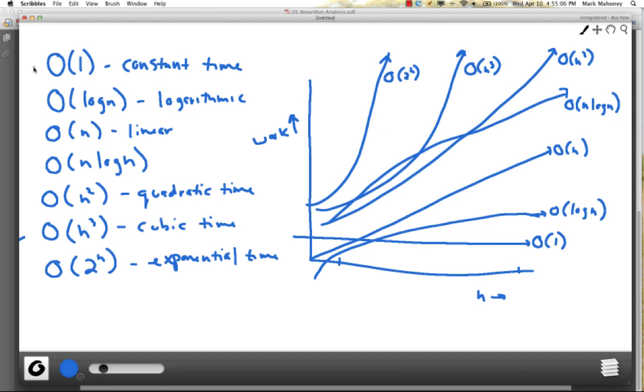So if you can come up with an algorithm that performs in constant time, that's much better than the competing algorithm that does the same thing, but it does it in cubic time. Right? So remember, constant time, n doesn't even play a factor. Doesn't matter if n is big or small. So often there's a trade-off made for the efficiency of an algorithm versus how hard it is to come up with a solution. So let's look at a couple simple problems here.